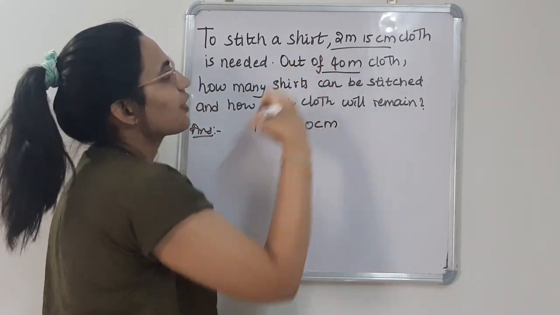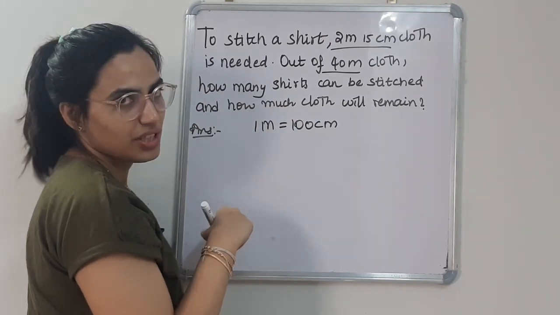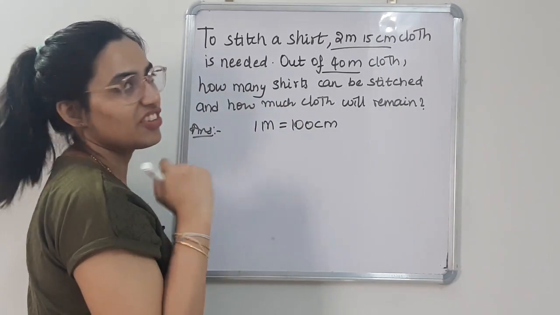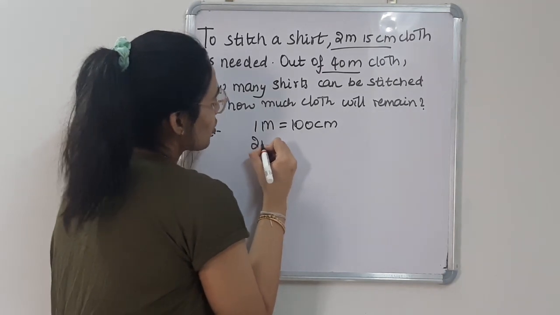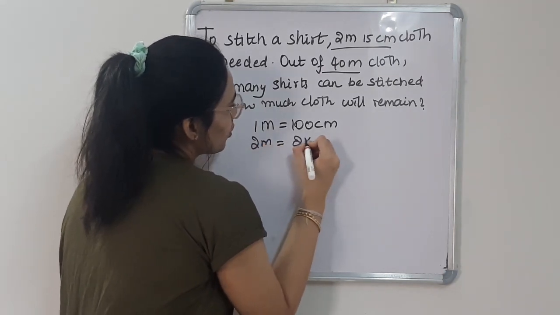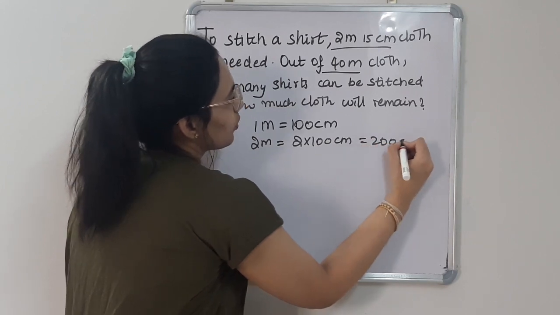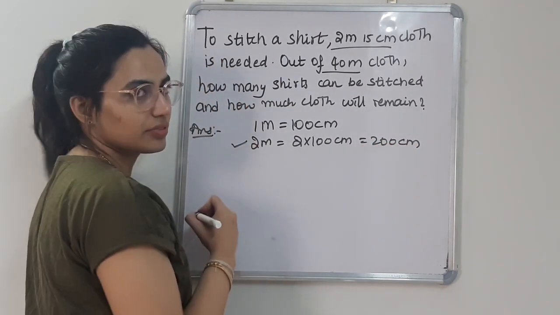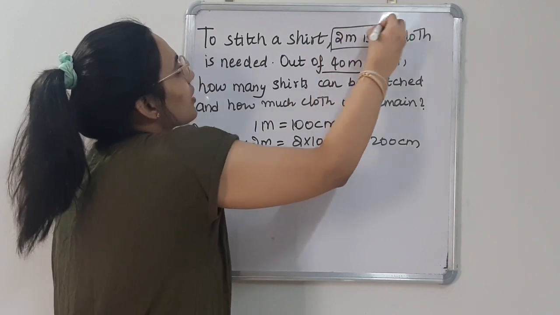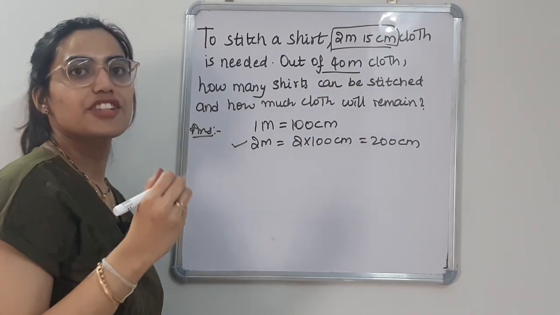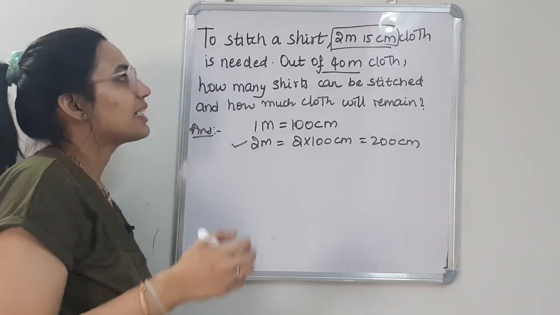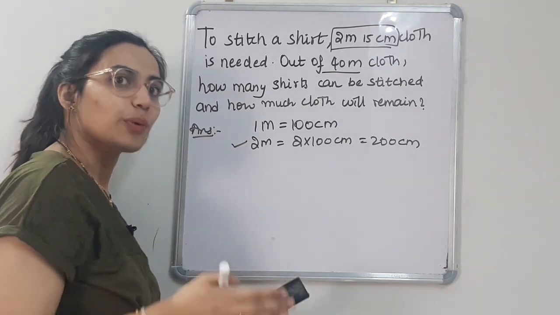Now we see two different units here, two different numbers. First let's convert them and then we'll see the relation. What is 2 meters? 2 into 100 centimeters, it's nothing but 200 centimeters, right? Whenever they give you a quantity like this, 2 meters 15 centimeters, that means it is together, so you need to add both.